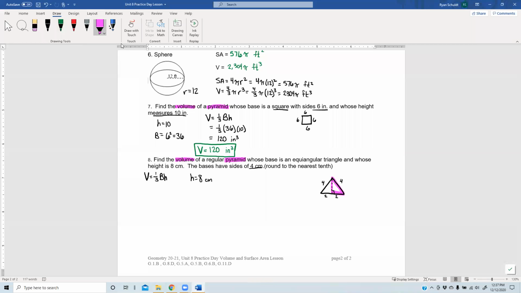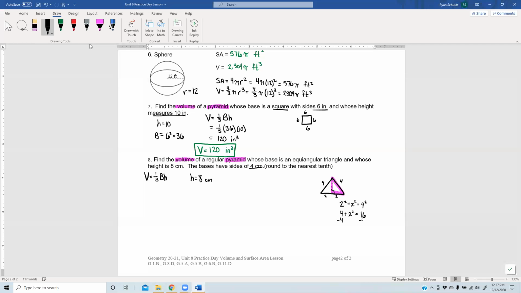We're going to have 2 squared plus x squared equals 4 squared. 2 squared is 4. 4 squared is 16.